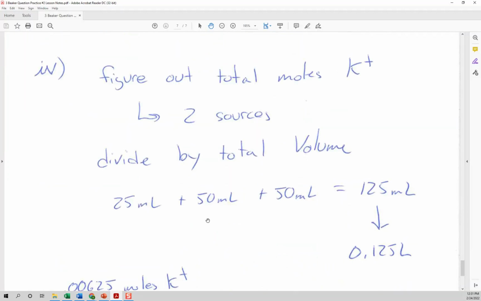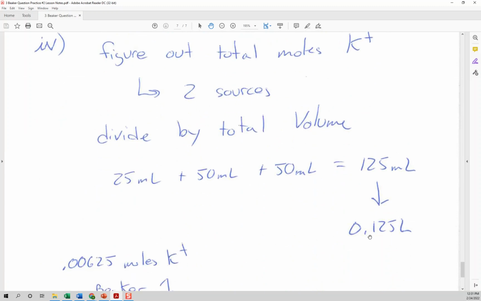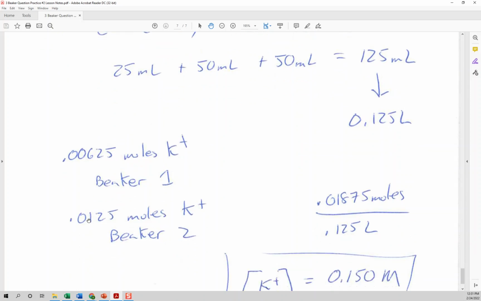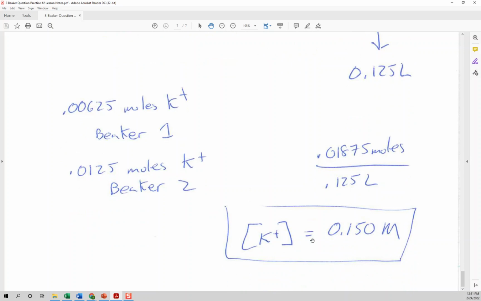So we had two sources of potassium, so we had to figure out total moles of potassium, and our new volume is 0.125 liters. Beaker 1 had 0.00625 moles of potassium. Beaker 2 had 0.0125 moles of potassium. You add them up, that's our total moles of potassium in the three combined beakers, and then divide by the new volume, 0.125 liters, and we get the molarity of potassium.